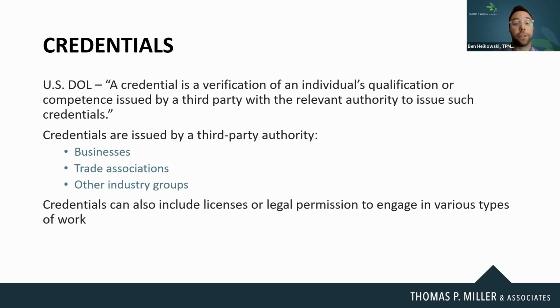Credentials are issued by a third-party authority, and that typically depends on how the Registered Apprenticeship Program is constructed. Third parties can be businesses, trade associations, or other industry groups. Credentials can also include licenses or legal permission to engage in various types of work.